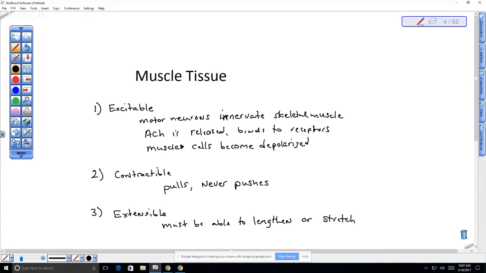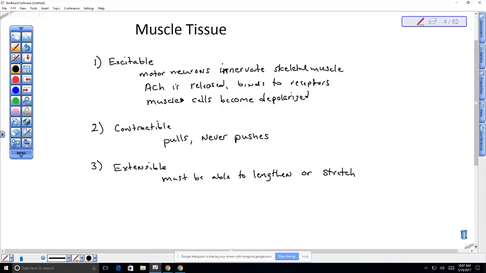So oftentimes when we do a movement, like say for example, if I lift my leg here, the muscles on the back of my body and my hip have to be able to stretch in order to allow these to contract. So we have to have the ability of the muscle to stretch. We'll look at why that is from a microscopic viewpoint, the individual muscle cells, in a minute.